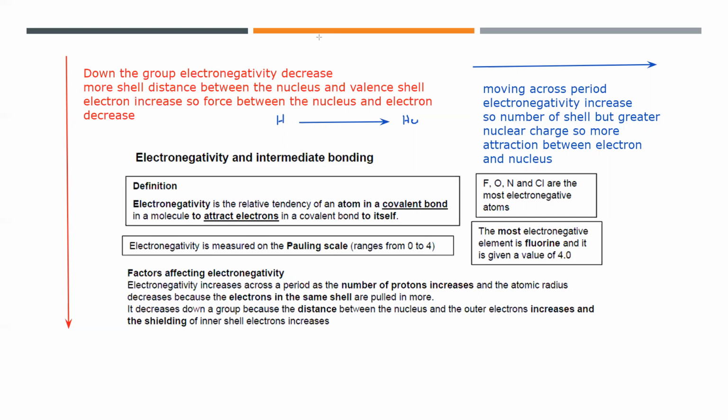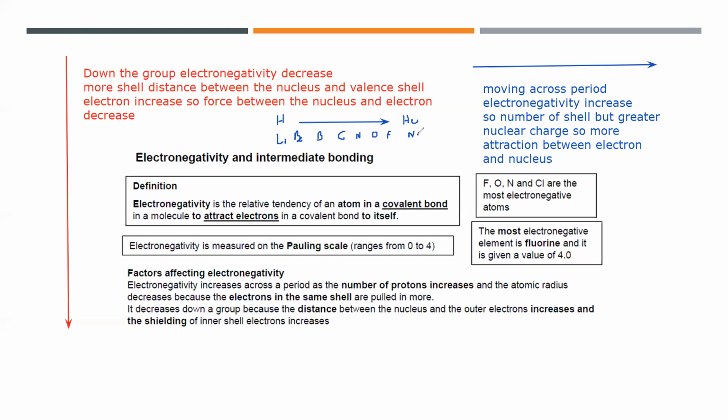But when we check the second period, we have lithium, beryllium, boron, with atomic numbers 3, 4, 5, then carbon, atomic number 6, nitrogen, atomic number 7, oxygen, atomic number 8, fluorine, atomic number 9, and neon.